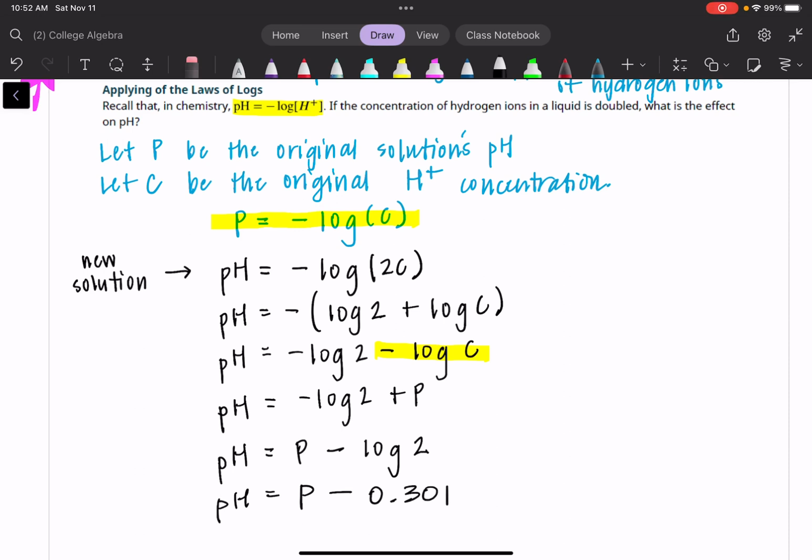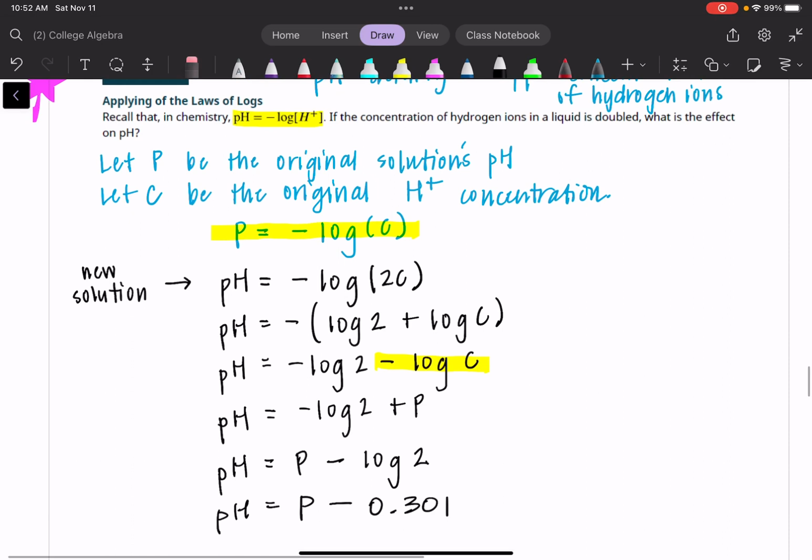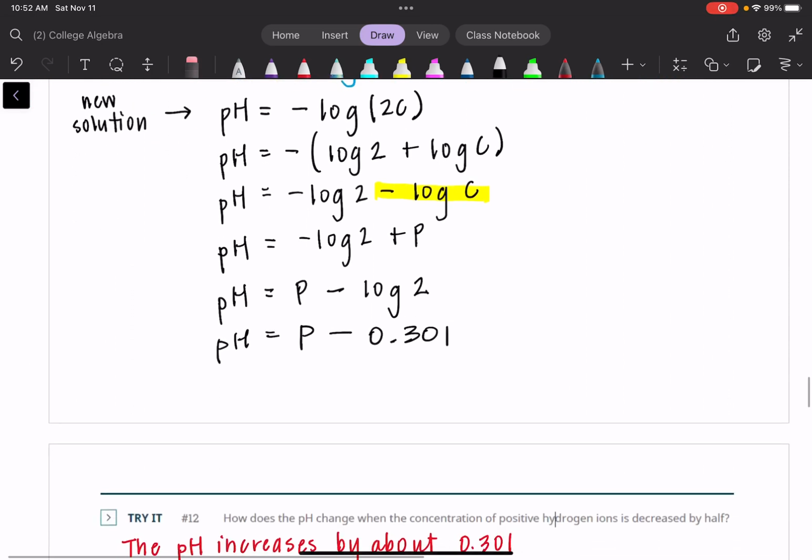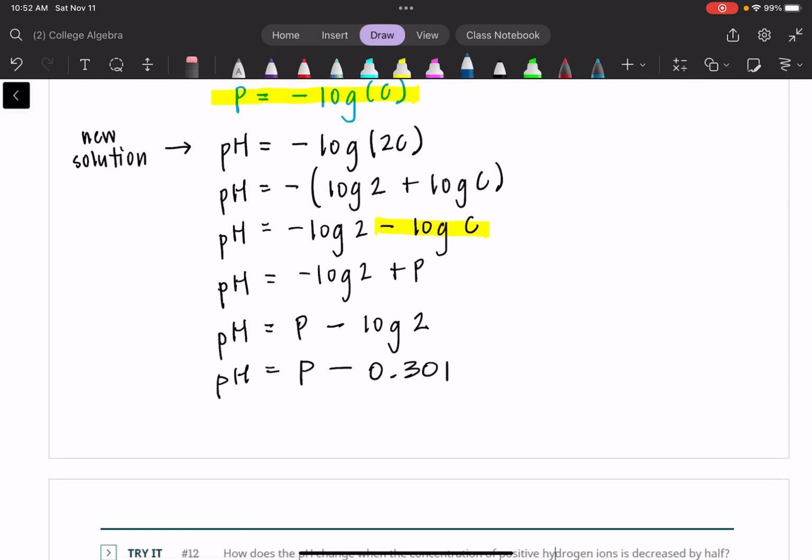And so what we can say here is the original question said, what is the effect on the pH? Well, the effect on the pH is that the pH decreased, because it's subtracting, by about 0.301.